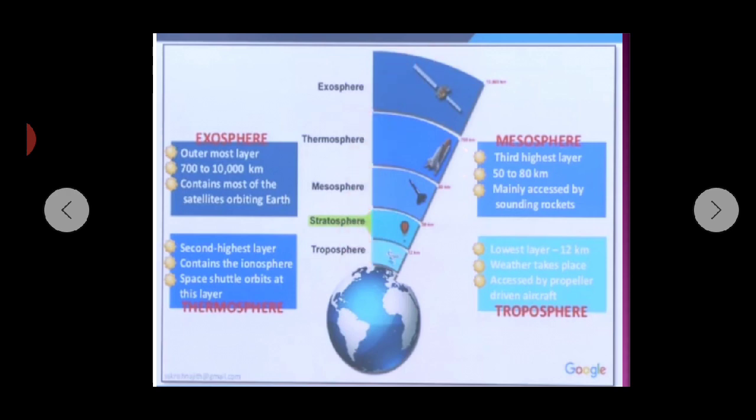In these layers, basically there are two main constituents. One is pure gas, the other one is particulate matter. The pure gas is made up of nitrogen, oxygen, argon, and there are small traces of carbon dioxide, water vapors, and ozone. So that is all the constituents of pure gas.